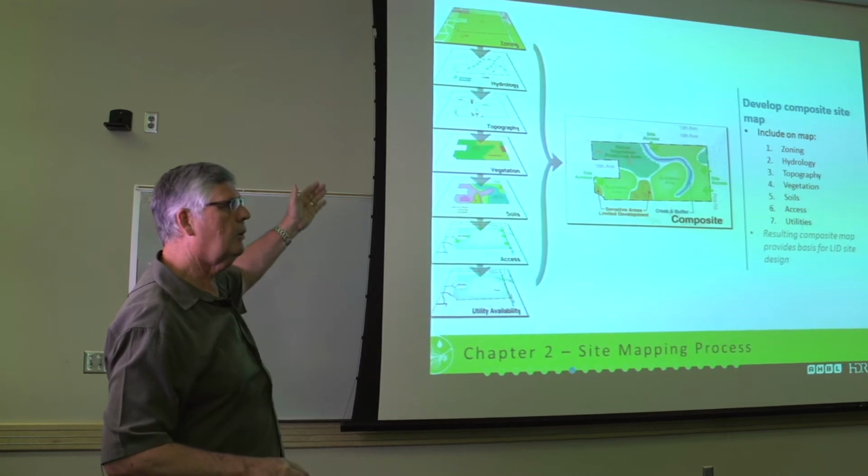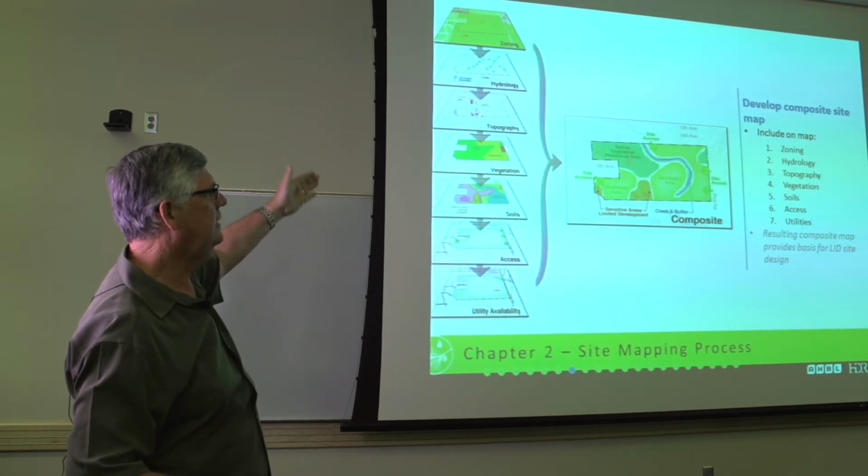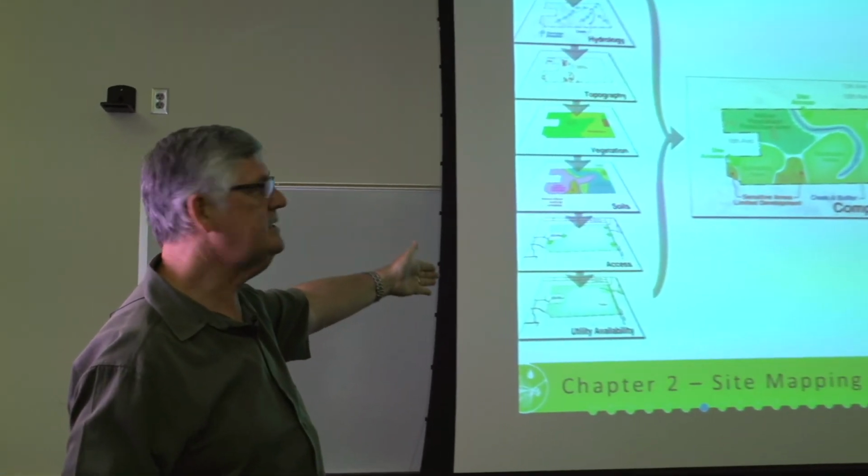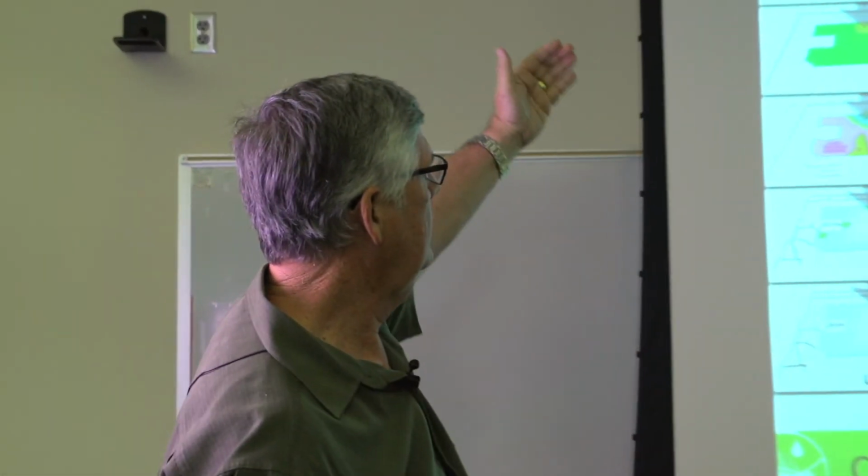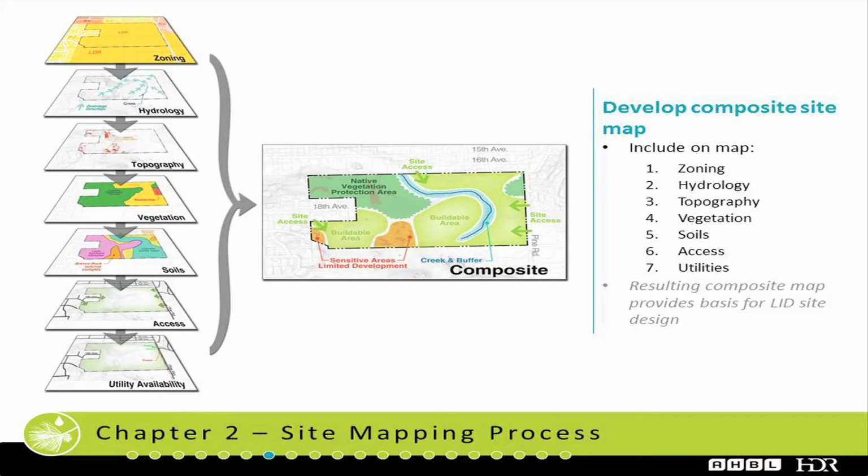And so this is what we're talking about when we're talking about this composite site process: taking a look at all of those values, the regulatory values, hydrology, topography, vegetation, soils, access, utility availability, or the existence of utilities, and identifying areas on a site that are sensitive and should be preserved, or native vegetation that should be preserved, or areas that are buildable, those areas that are more suitable for development.